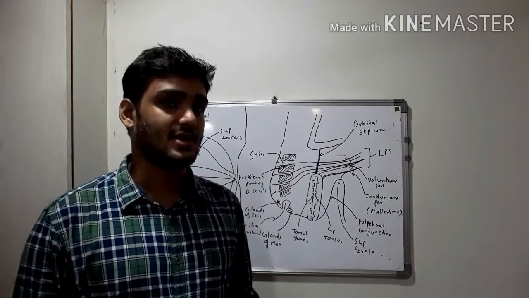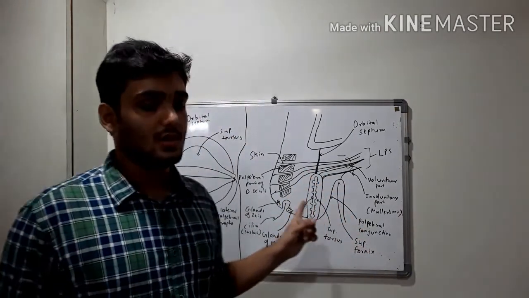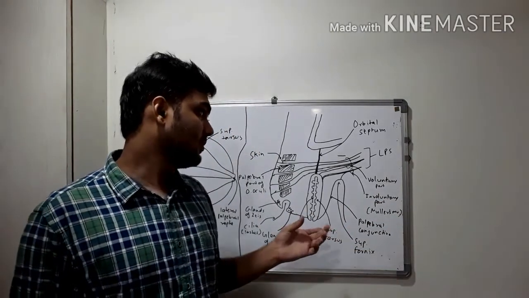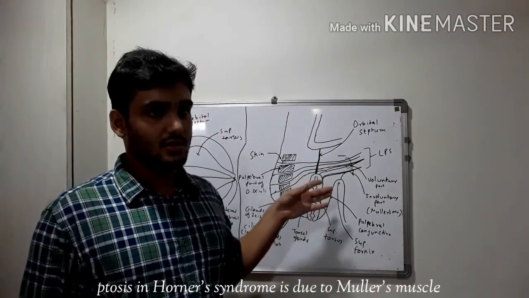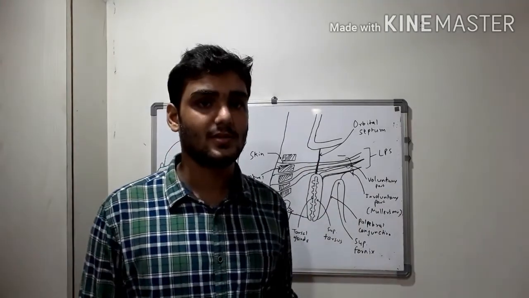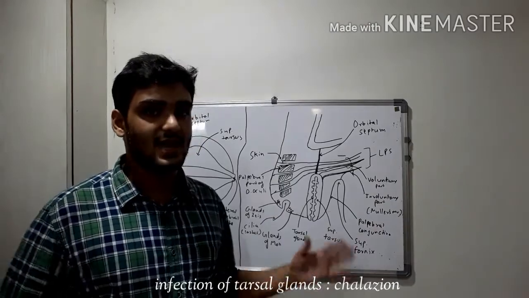That is due to this muscle, Mueller's muscle, as it is supplied by sympathetic system. So if sympathetic system is impaired, then due to this muscle, there is partial closure of eyelids, that is ptosis. Also, the infection of tarsal glands is known as chalazion.